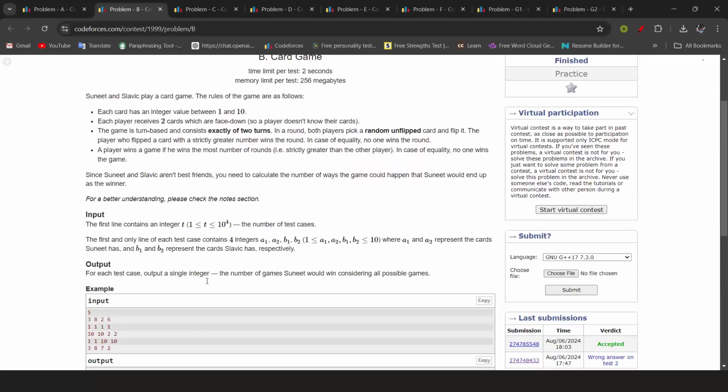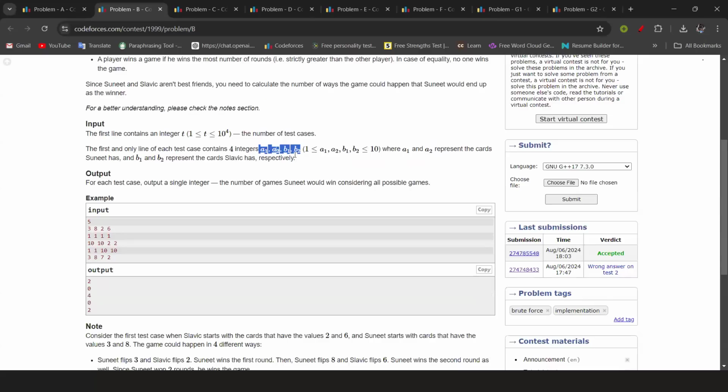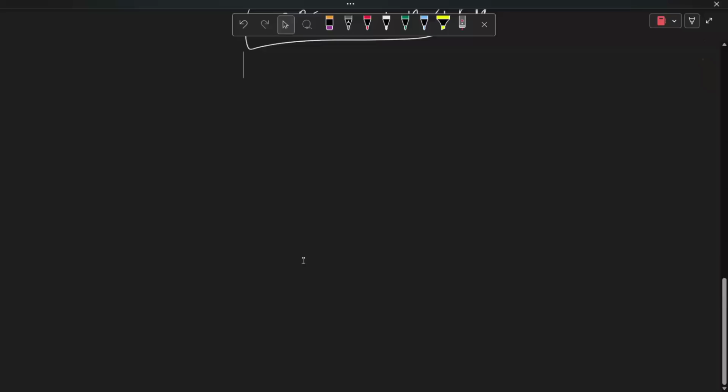In the question, we are given four values, A1, A2, B1, B2. What do those four values represent? There are two players.